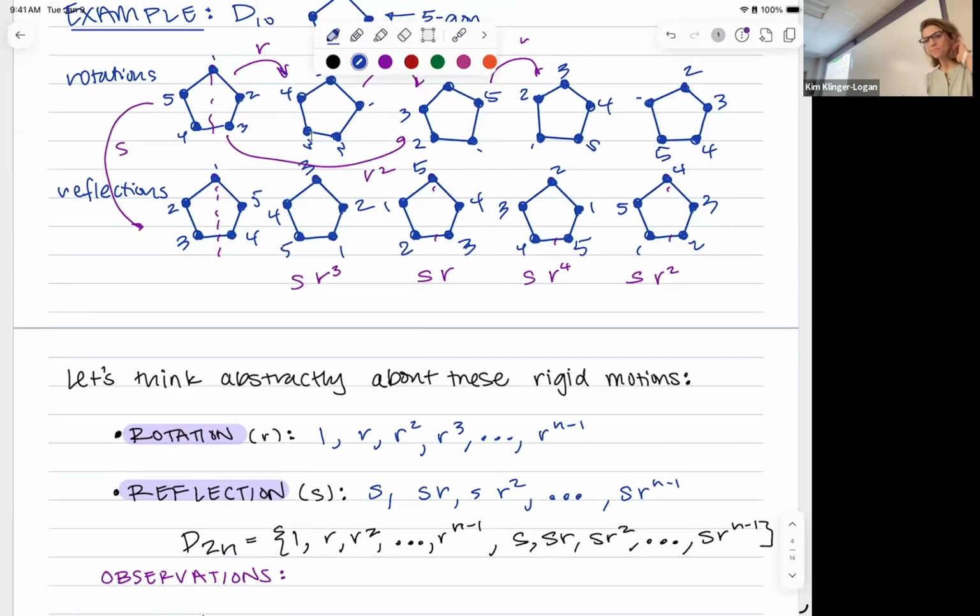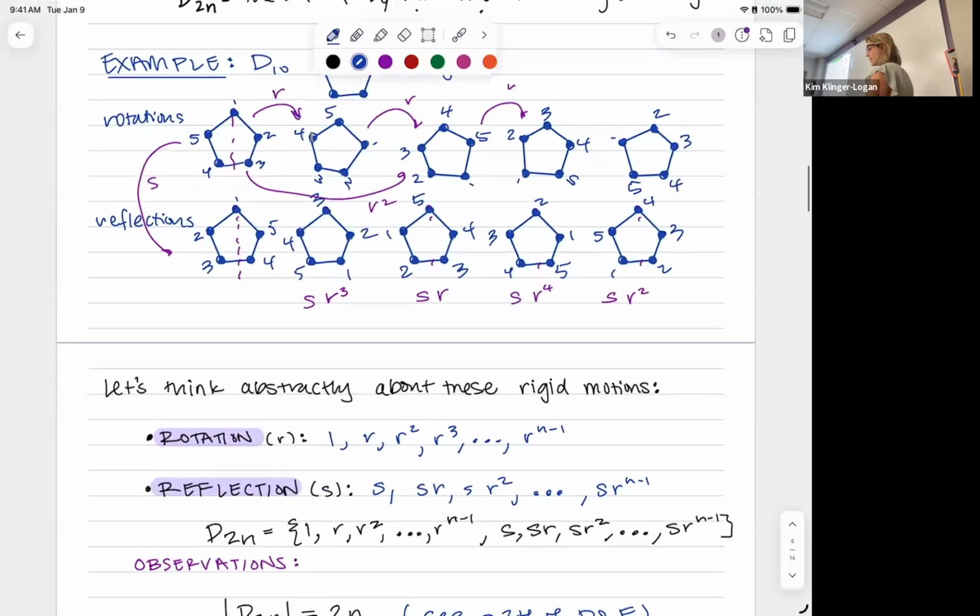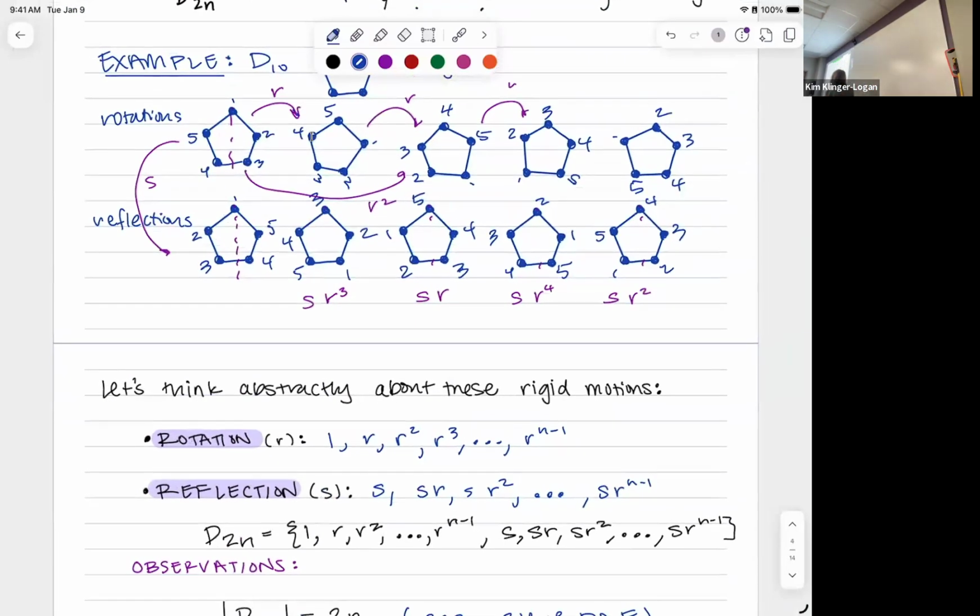Okay, so one thing we already noticed was that applying the reflection once didn't really give me any of the rotations, right? So the reflections and the rotations are always going to be distinct.